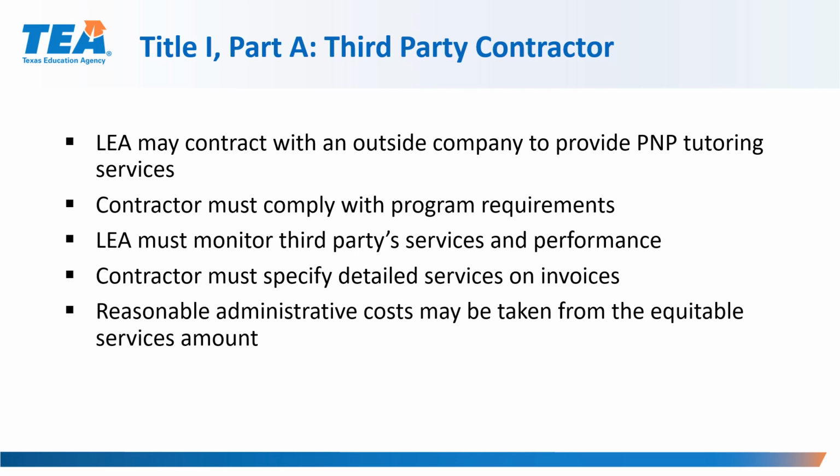The LEA must monitor the third-party services and performance to ensure that it is meeting the requirements of Title I Part A. The contractor must specify detailed services on invoices that are submitted to the LEA, such as the date of services, the amount of services provided, the cost of services, as well as other information.